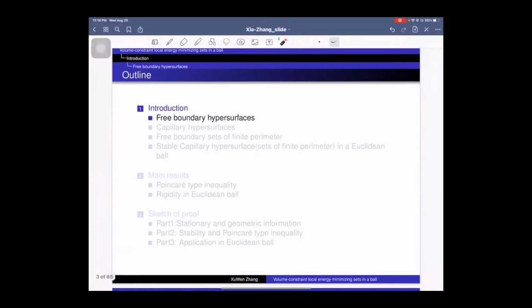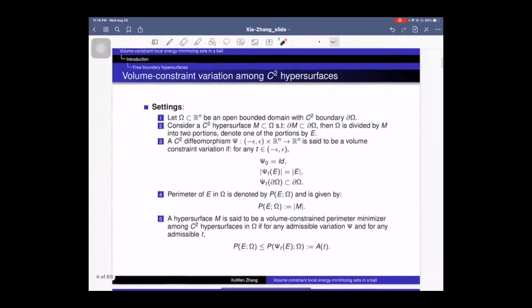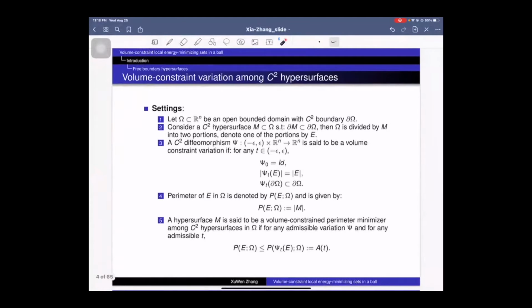Let's start from the free boundary hypersurface. We consider the volume constraint variation among C2 hypersurfaces. First, we consider a set omega in the Euclidean space R^n, which is open, bounded, and with a C2 boundary, partial omega.